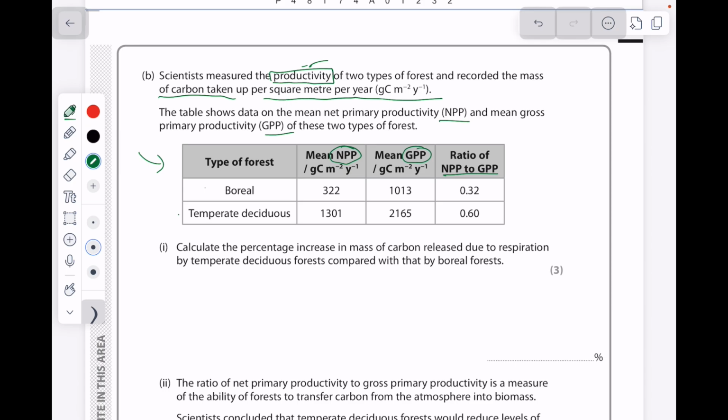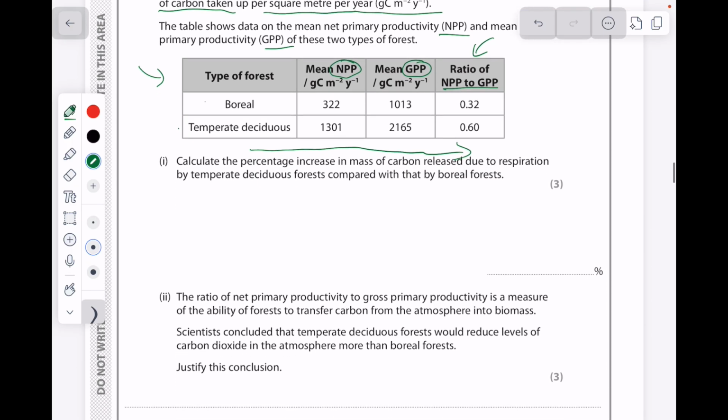The higher the NPP, the higher the net primary productivity. Why would you want to do a ratio of the 2? Really the point of the whole table is this ratio. So what is this ratio telling us? Okay, maybe we come back to that.